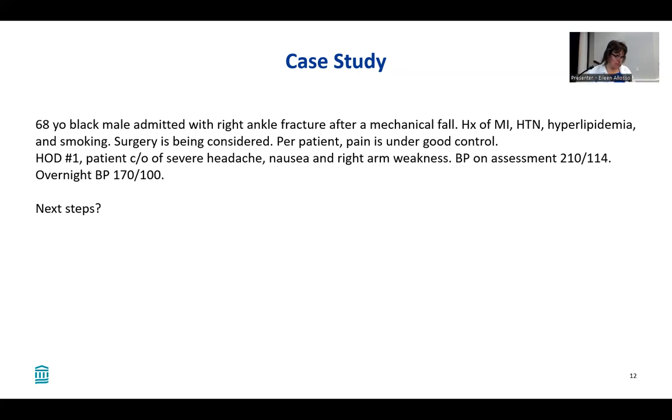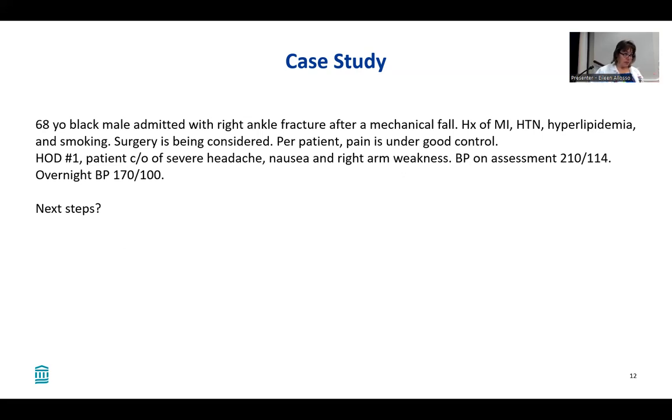Okay, call the code stroke standby, very good. And what other things would you do right away? Neuro assessment you want to do, and you want to document it, because you want to watch if the neuro assessment is going to trend one way or the other.